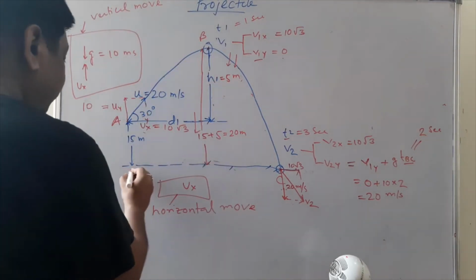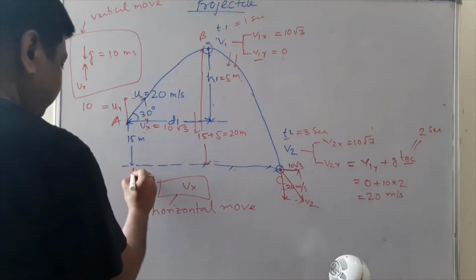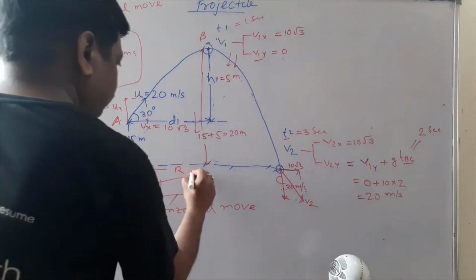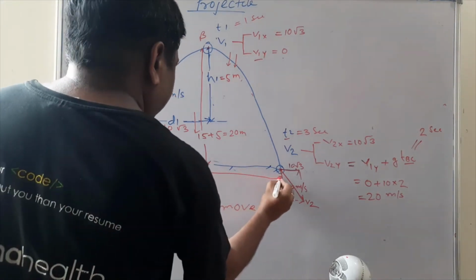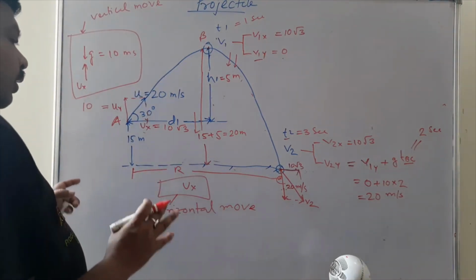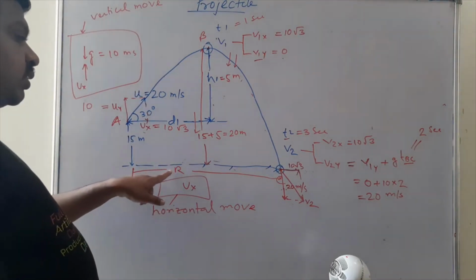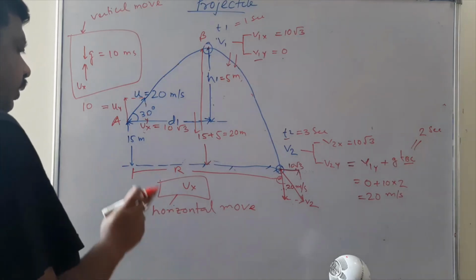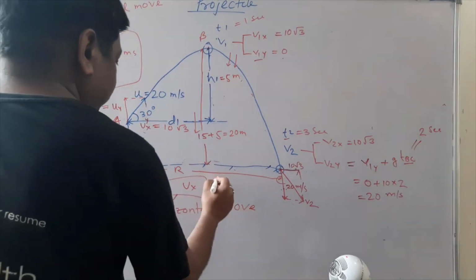Now let's calculate this distance. Let's say this is r. So what will be r? While calculating this distance, you need to consider only this part.